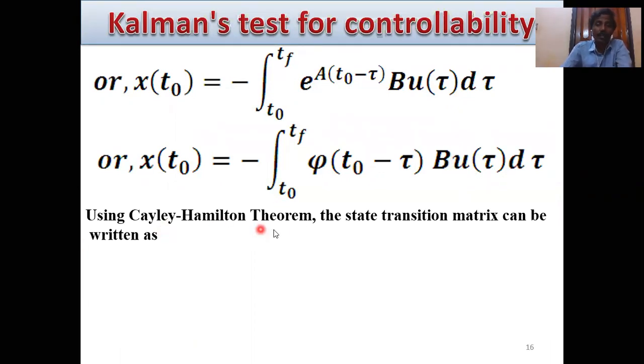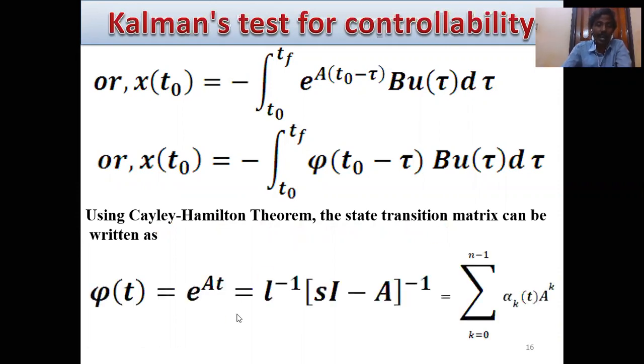By the Cayley-Hamilton theorem, the state transition matrix can be written as phi(t) = e^(At) = L inverse of (sI - A) inverse, and this is equivalent to the summation for k = 0 to n-1 of alpha_k(t) A^k.